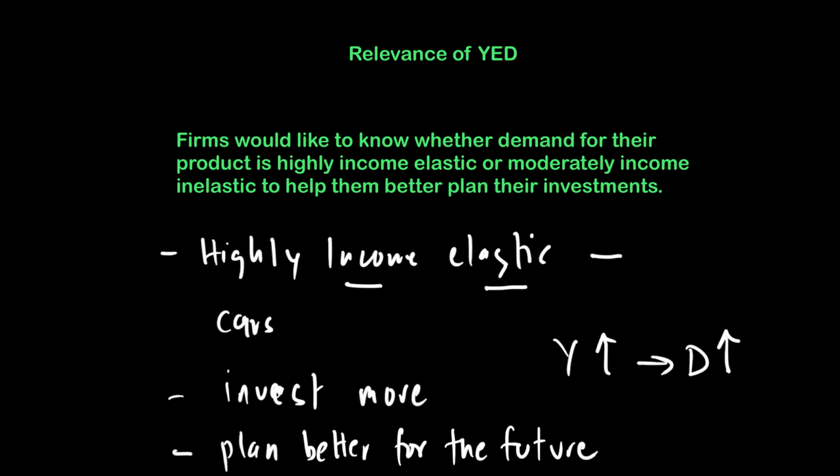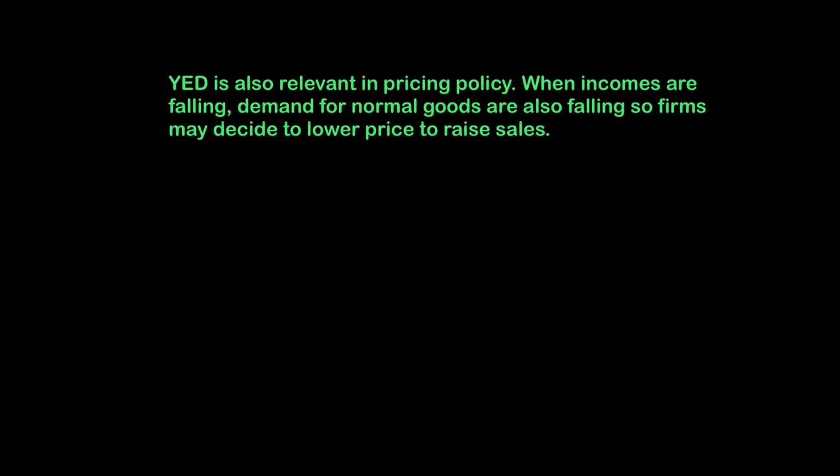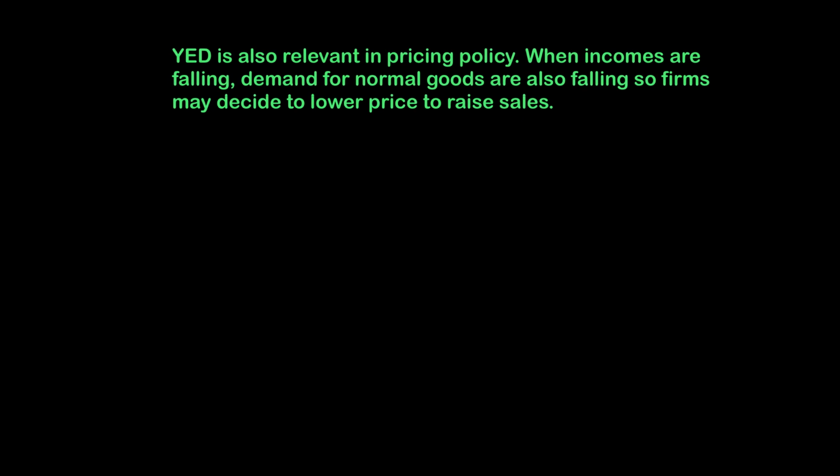From a pricing policy, YD may also become important because let's assume that incomes are falling and we are making what we call normal goods. So, if incomes are falling and we're making normal goods, then one would argue that there will be a fall in demand, and in order to make sure that the firm can arrest this fall in demand, the firm could actually lower price.